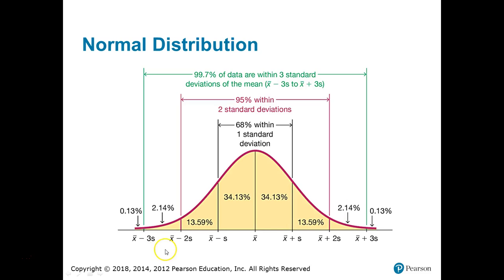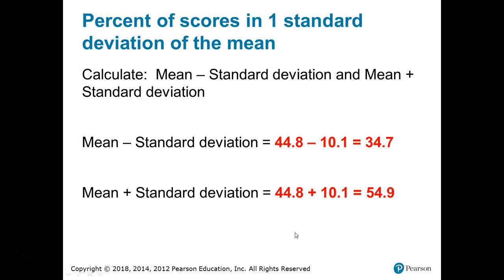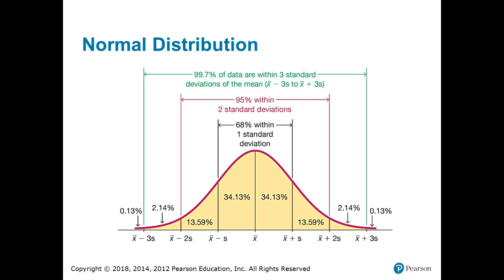So here would be your 44.8, 54.9 on the upper end, and 34.7 on the lower end. So 68% of the data theoretically should fall in that data range.